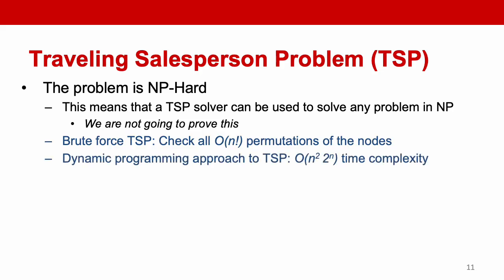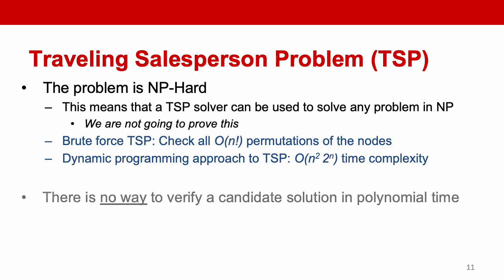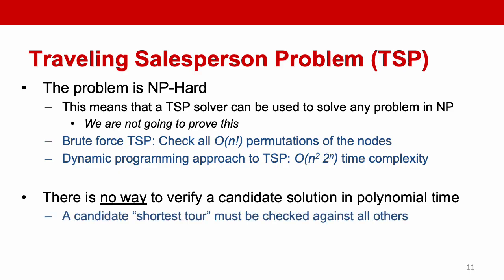You can do a dynamic programming approach to TSP, which is O(n^2 2^n) time complexity. Now, there is no way to verify the candidate solution in polynomial time if we are looking at the optimization version of the problem. You have to check it against all the others. This is different from the decision problem.